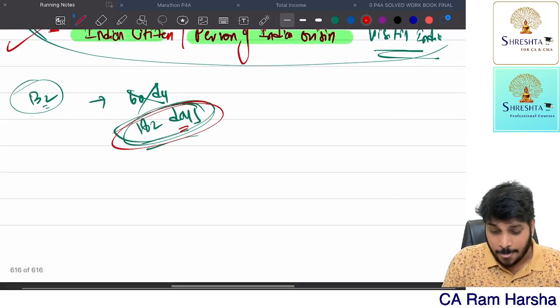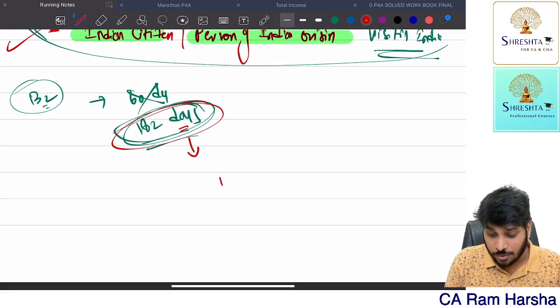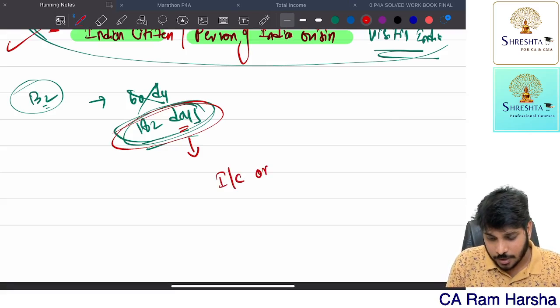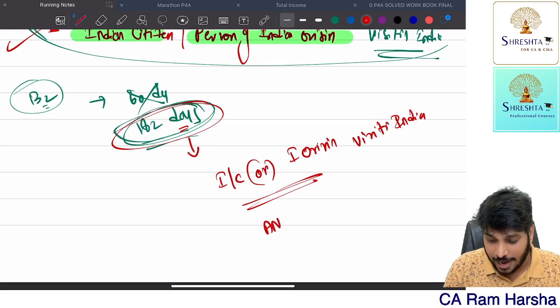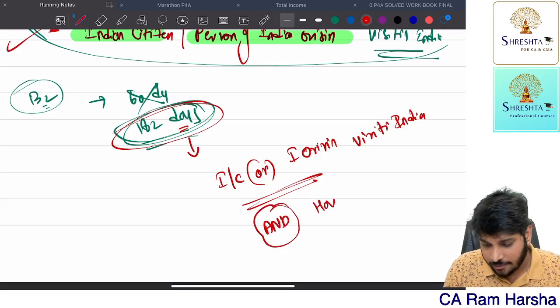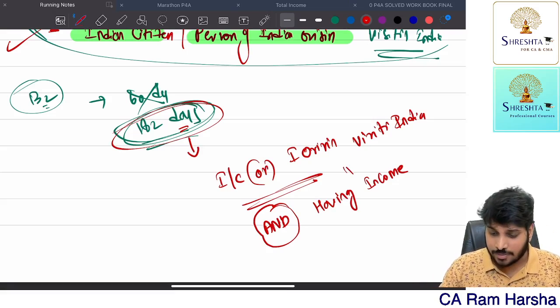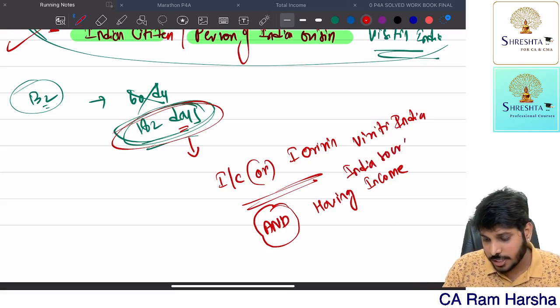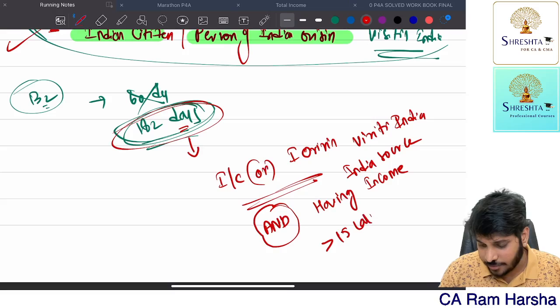Now here, 60 days will be substituted with 182, right? Now, suppose you are an Indian citizen or person of Indian origin visiting India, and having income from India, excluding foreign sources. Indian income, nothing but having Indian source income, excluding foreign source, exceeding 15 lakh.